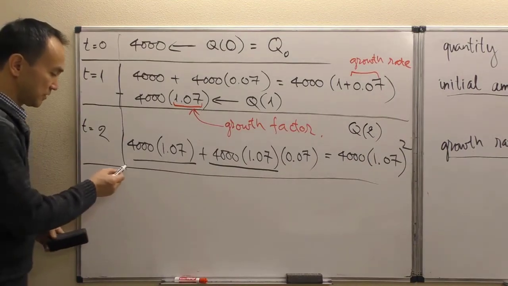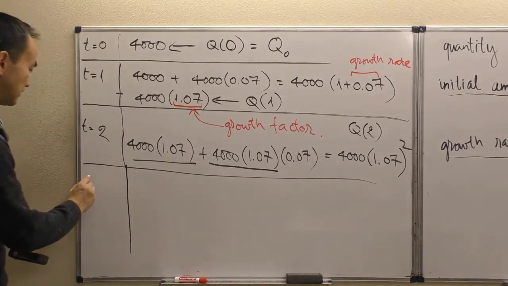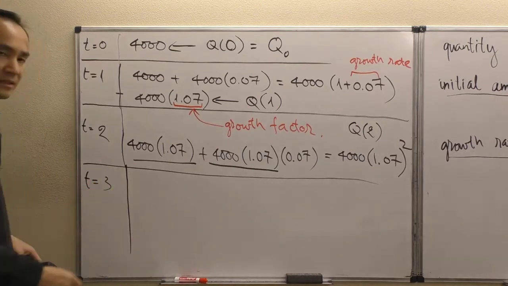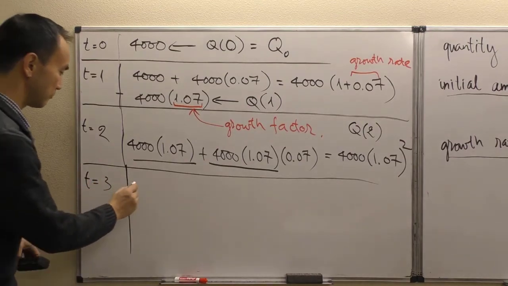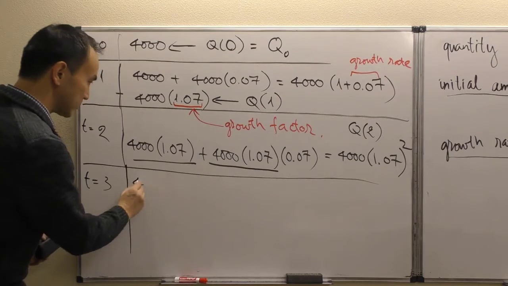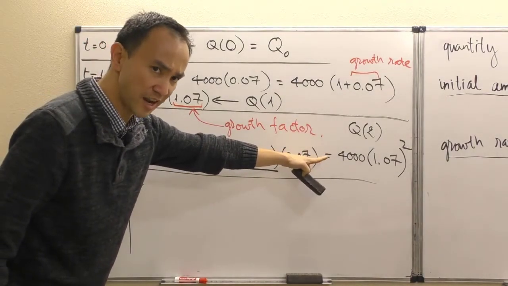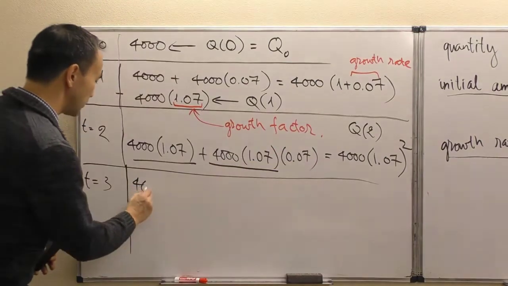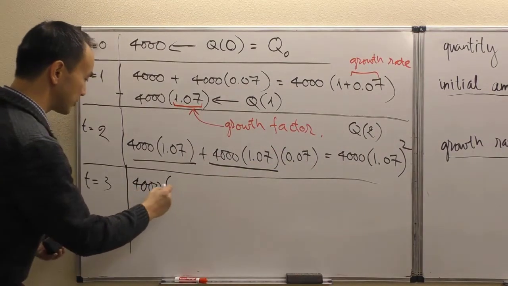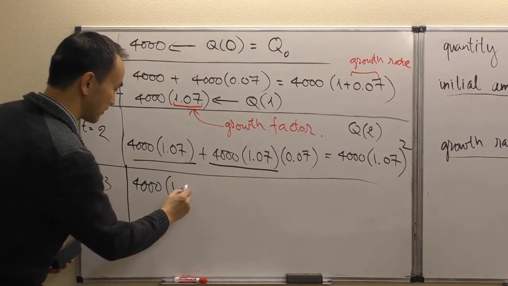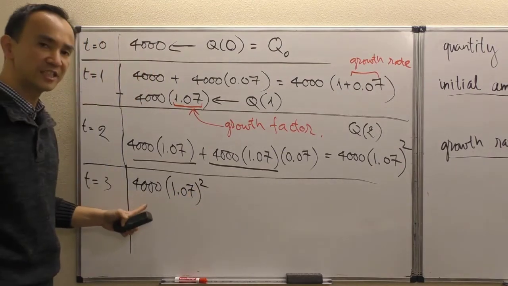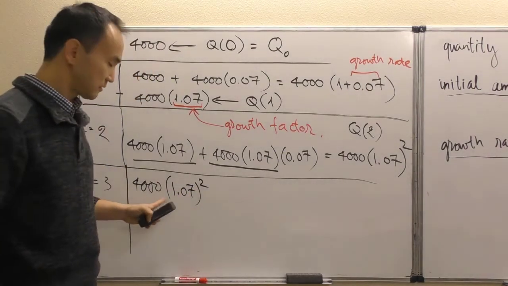In my next step, when t equals 3, I can repeat the process. From the quantity at the end of 2 years, 4,000 times 1.07 squared, this is the amount we expect to have after 2 years.